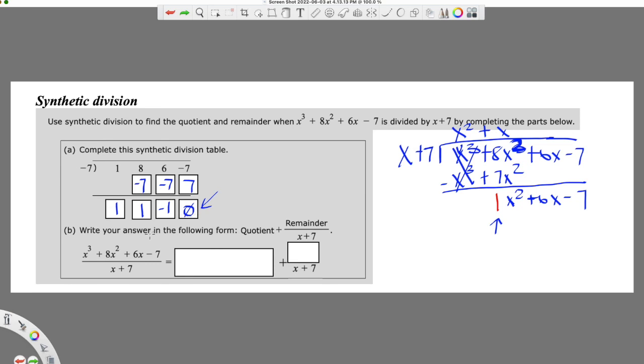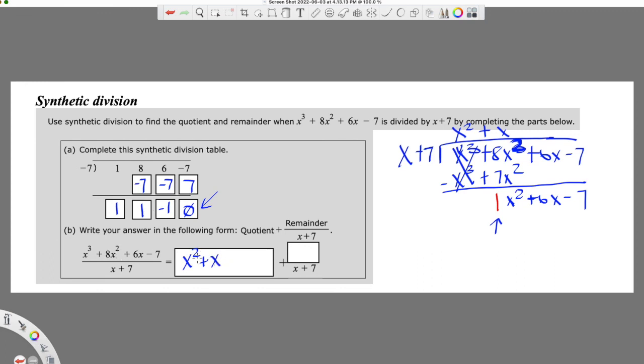So the main thing to remember is we divided it down, and literally what that means is every exponent of x is going to go down by 1. So instead of starting with x cubed, it's going to start with x squared. So we went down from a cube to a square, plus instead of 8, it's going to be 1x, because that's the next one.